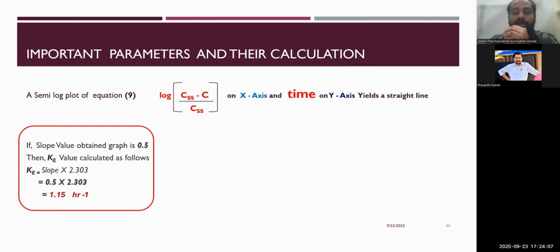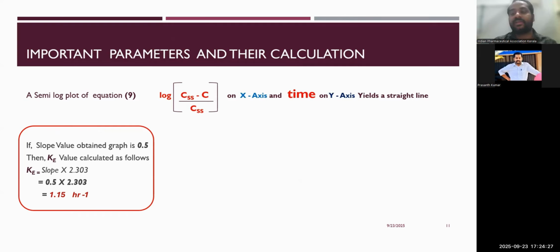And now we come to the conclusion that log of CSS minus C by CSS is equal to minus KET by 2.303.